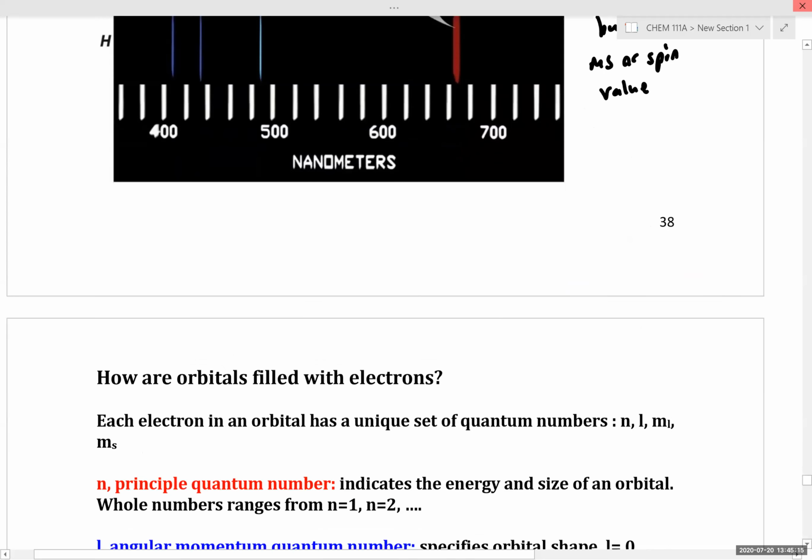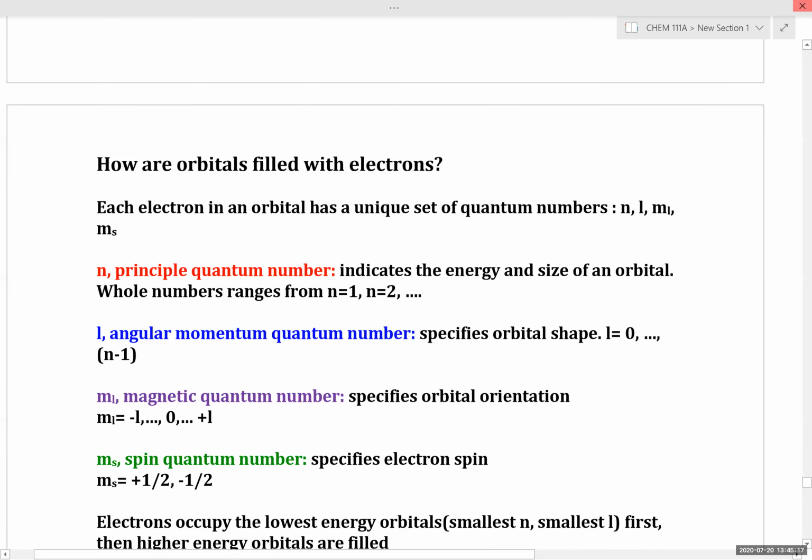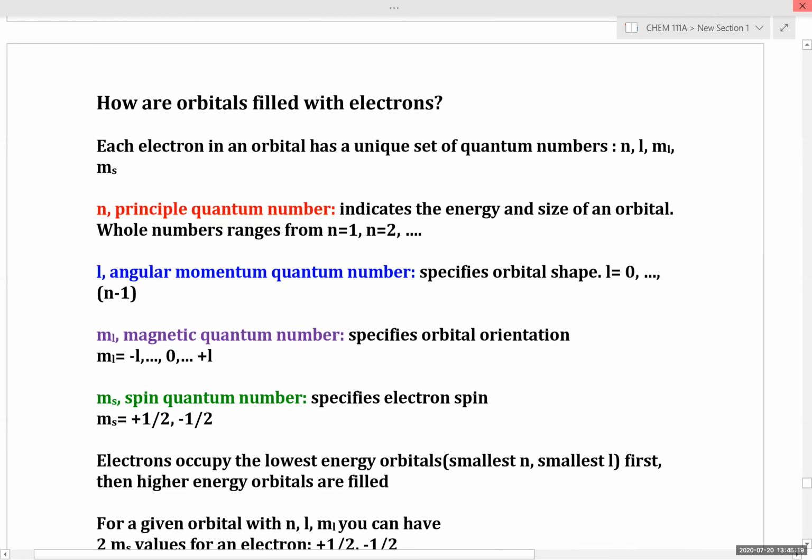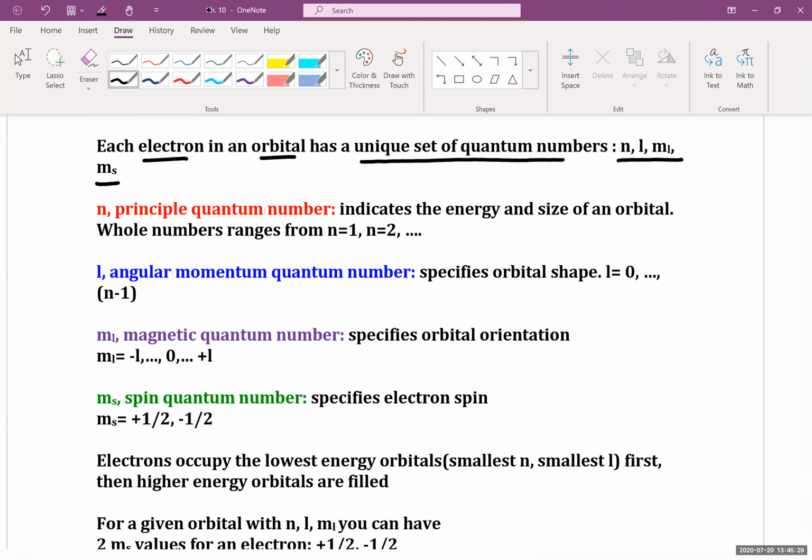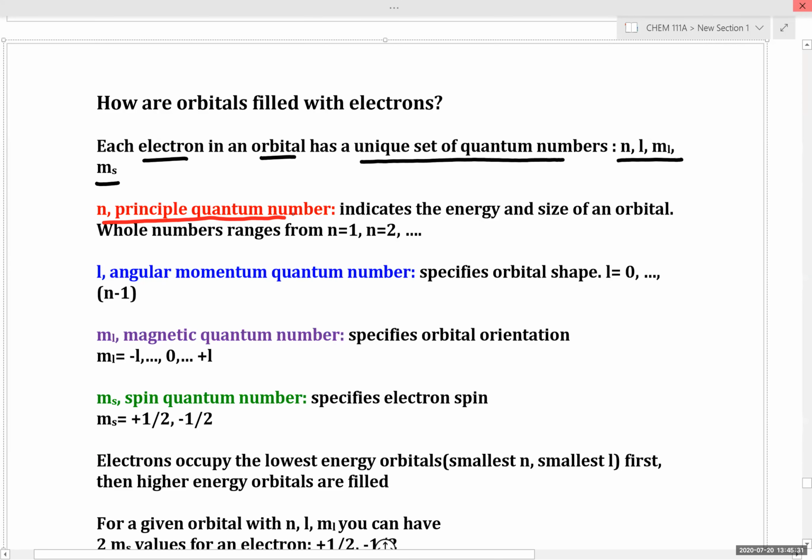Okay, so let's now talk a little bit about how our orbitals fill with electrons. Each electron in an orbital has a unique set of quantum numbers, n, l, ml, and ms. n is our principal quantum number. It indicates the energy and size of an orbital, or the energy of an electron and how far away that electron is from the nucleus.